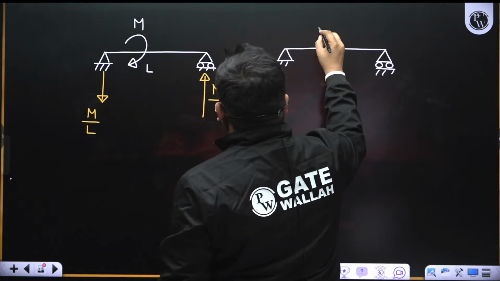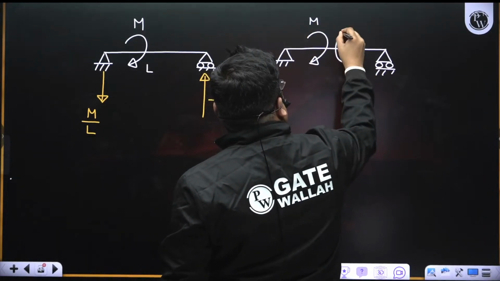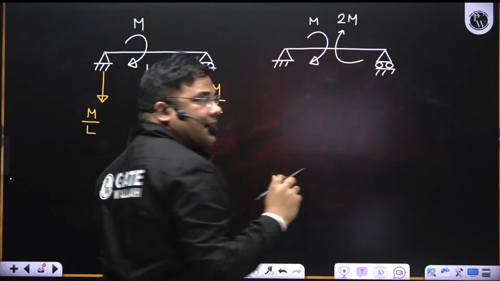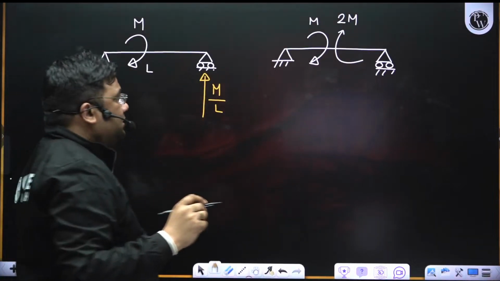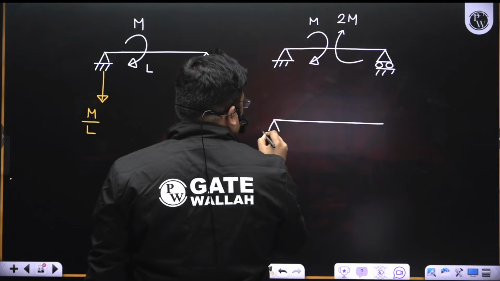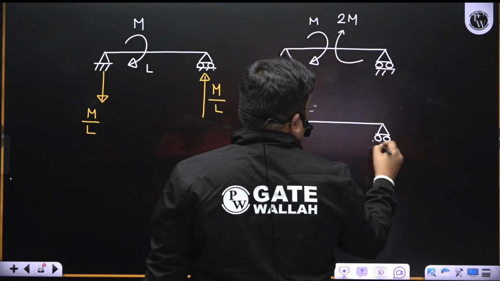Suppose here there is a clockwise moment of M, and suppose there is an anti-clockwise moment of 2M. Suppose this kind of diagram is given. What will happen here? The net moment will be how much? Suppose 3M.